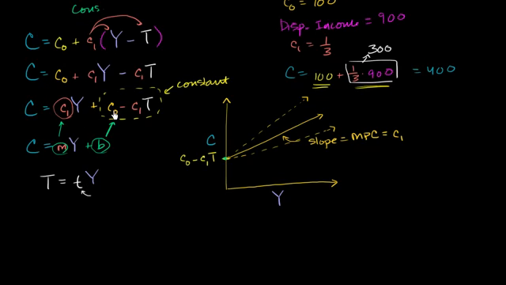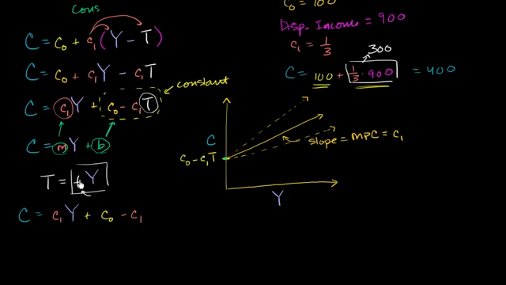Just to do that algebraically, we can rewrite this expression up here. Aggregate consumption is equal to my marginal propensity to consume times aggregate income, plus autonomous consumption, the amount that would be consumed no matter what, minus the marginal propensity to consume again, and then instead of writing t right over here, I'm going to write lowercase t times y.